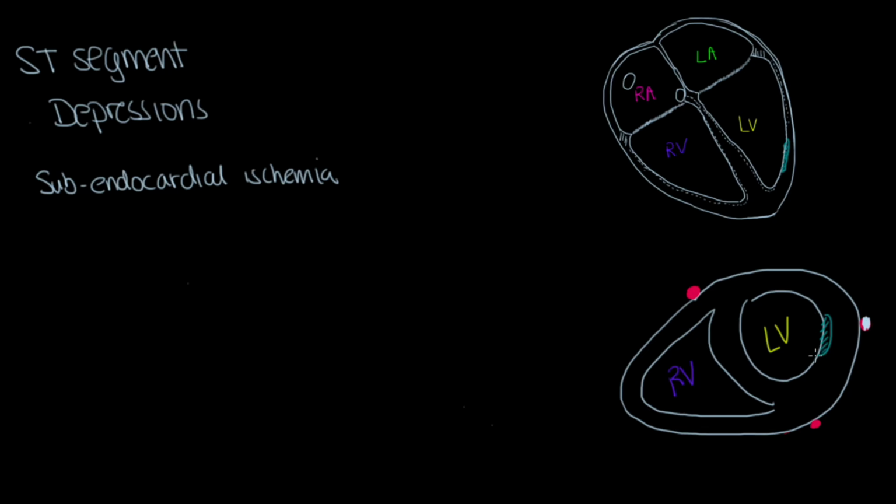Now, we went through all of that trouble to illustrate that at the border of this ischemic tissue and the healthy tissue, we will have a constant vector of depolarization moving outwards away from the area of ischemia, similar to here as well. Now, the overall vector here may kind of look like that, outwards that way, and the overall vector here may look kind of outwards in that direction. And this is happening constantly regardless of what other signals are happening around in the heart.